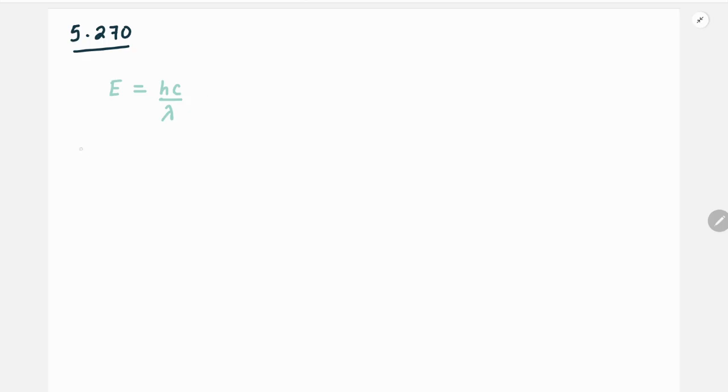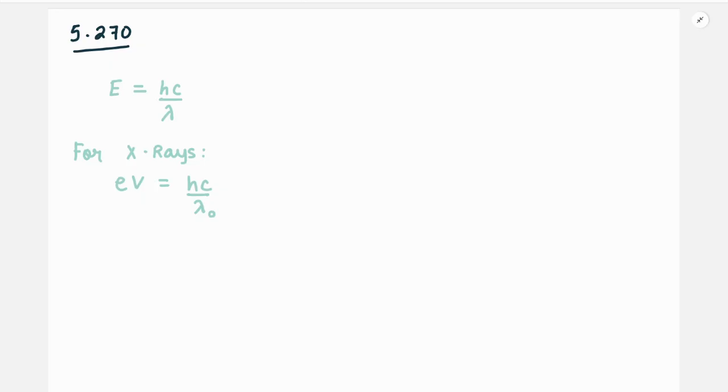So over here for X-rays, the energy is in the form of electron volt, which is equal to hc by lambda. In this case we are taking this one as lambda naught corresponding to the initial value.